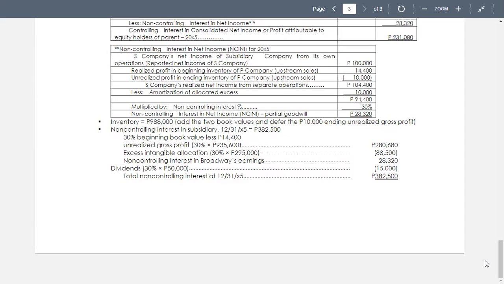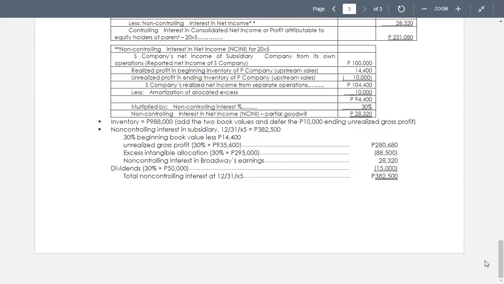Unrealized profit in ending inventory of P company, upstream sales from salad, deduct 57,000. And unrealized profit in ending inventory of P company, upstream sales, tuna, deduct 69,000.